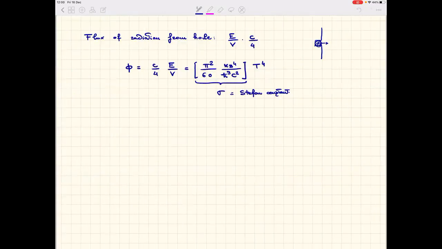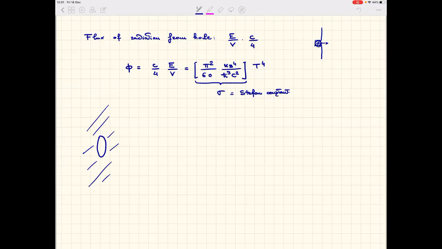Actually, now I realize that this is also the answer to the question by Lynn. I'm drilling a hole, so this is my surface, and I'm looking at the radiation that comes out, and I want to estimate the flux.